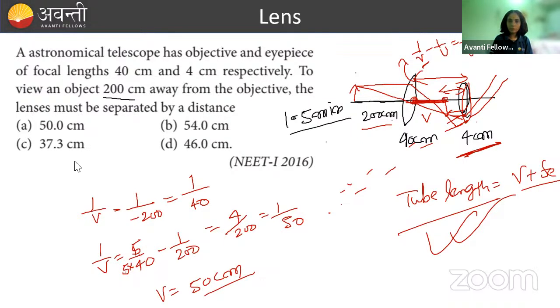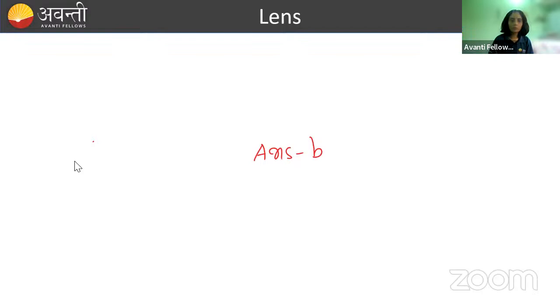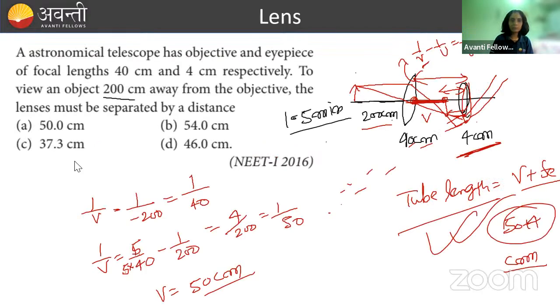Okay, so it will be 50 plus 4, that is 54 centimeter. Okay, so the answer was B. B is 54, right? So we got the correct answer.